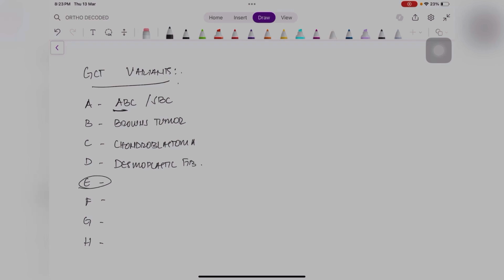You leave E and then come to F, which is fibrous dysplasia and non-ossifying fibroma. Then you have giant cell rich osteosarcoma. Then you have benign fibrous histiocytoma. So these are your GCT variants which closely resemble GCT.